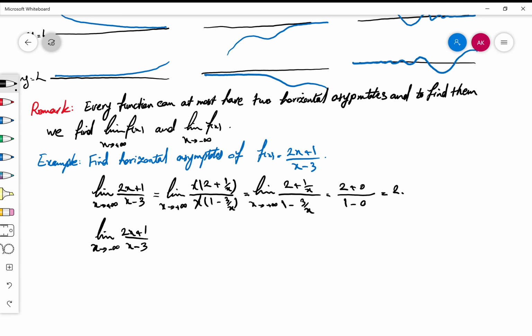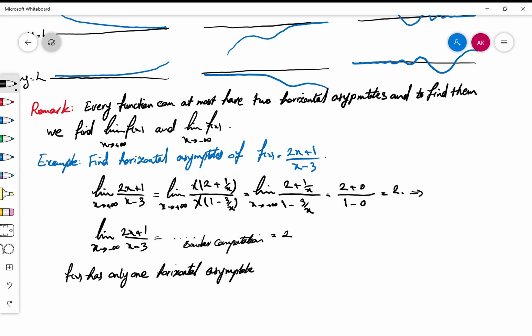So we have y equal to 2 as a horizontal asymptote. How about the other one? A similar computation gives us y equal to 2, and that means f of x has one horizontal asymptote, which is y equal to 2.